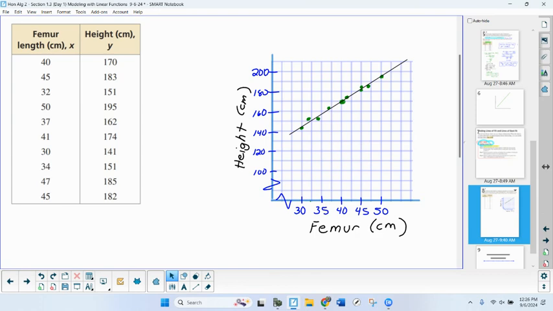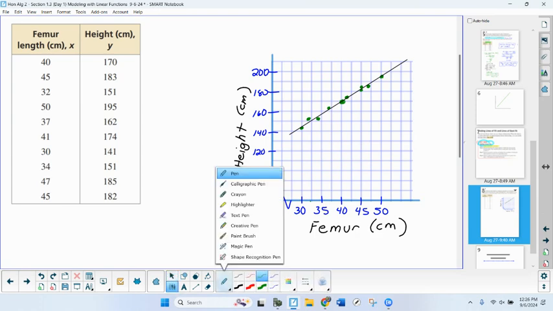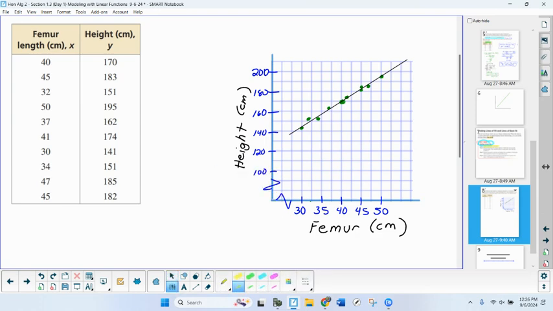If it crossed right on the grid, like this one, it'd be 32.5, 150. Probably won't use that point, but I could if I wanted to. You can use whatever points you want.